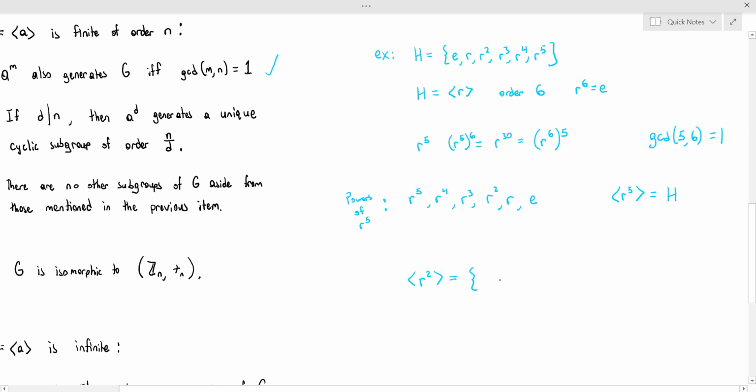Of course we have r squared, and then r squared squared will give us r to the 4th power. R squared cubed will give us r to a power of 6, which is the identity. So when you consider powers of r squared, you just get e, r squared and r to the 4th, and that's it.